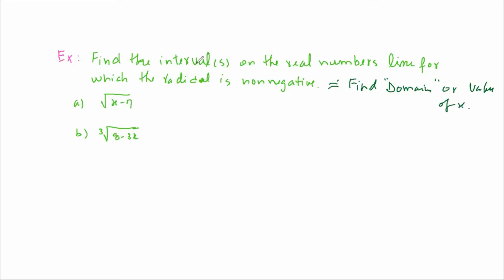So every time we do this, you can get the domain or the value of x. Every time there is a square root, right? Maybe you still recall we learned a little bit last year, to get the value of x, anything under the square root should be positive, correct?